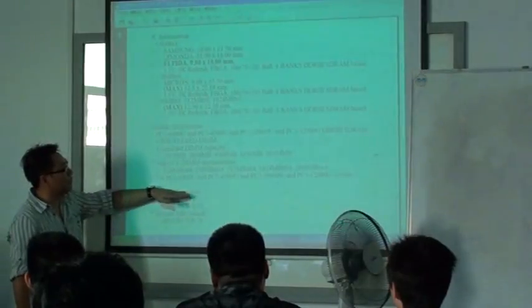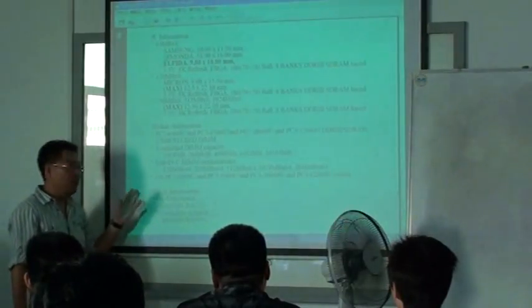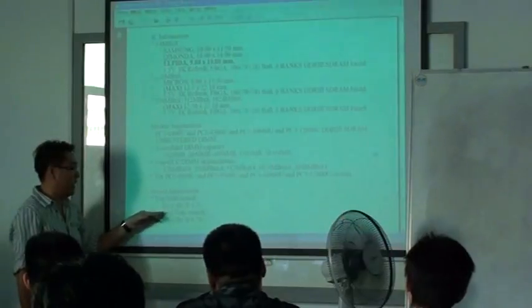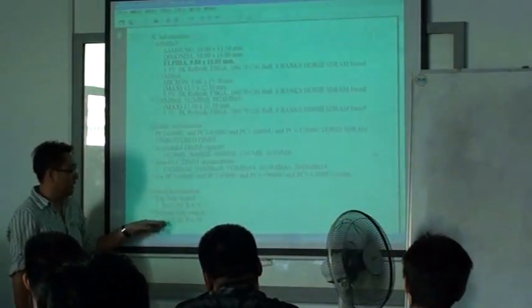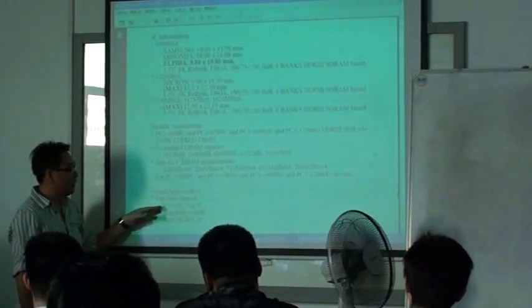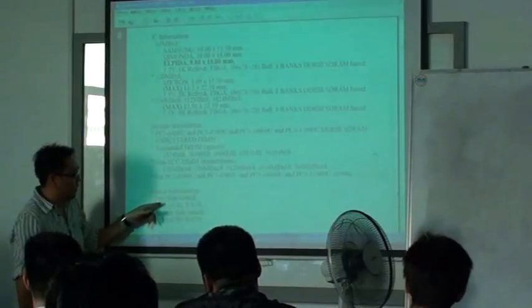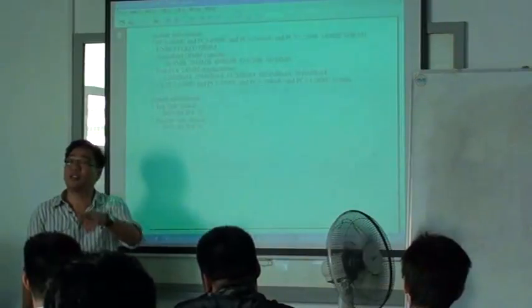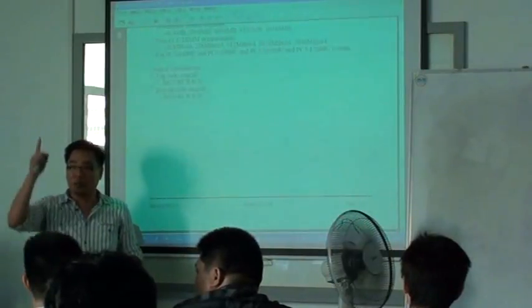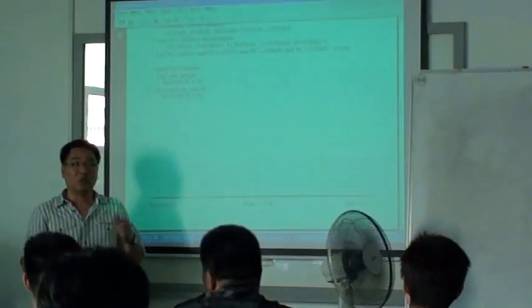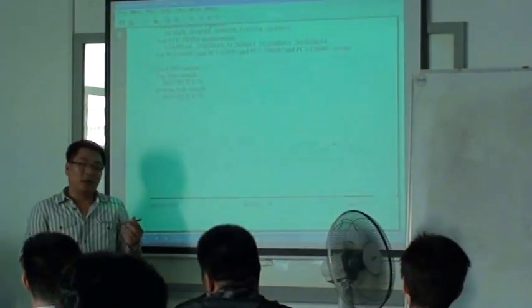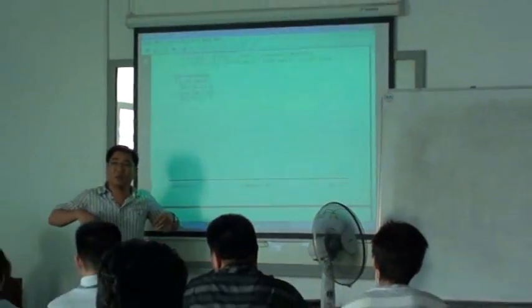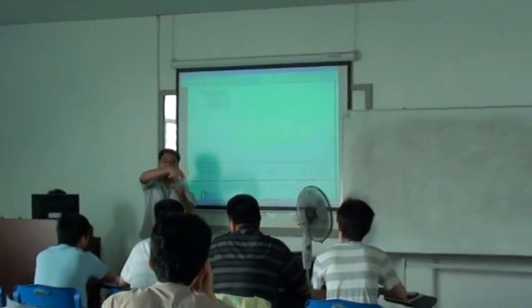Okay. Now, first of all, we do the stencil information, top side stencil, bottom side stencil, 7 mil. I don't know if you guys know about the stencil. You know about stencil? I should give you a tour upstairs. Stencil is like this, you put the solder paste on and roll it over.